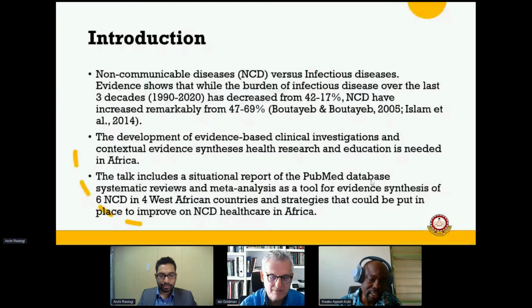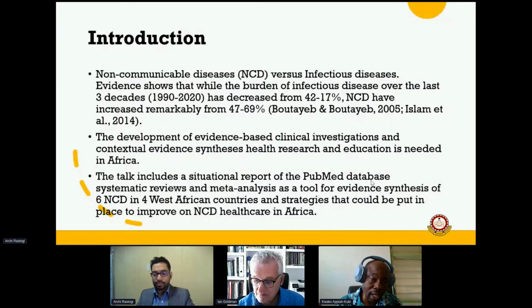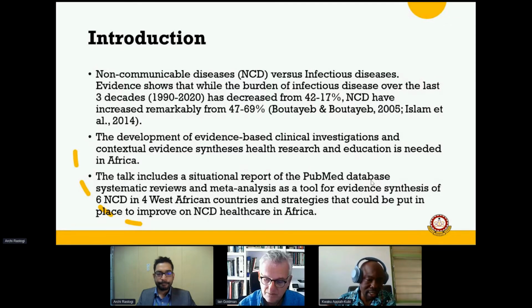I think that a focus on non-communicable diseases, as far as evidence synthesis is concerned, might do us a lot of good. Why? Because it is still possible to look into how infectious diseases are associated with non-communicable diseases. So clearly it will not be solely non-communicable diseases. How do we effectively do this?